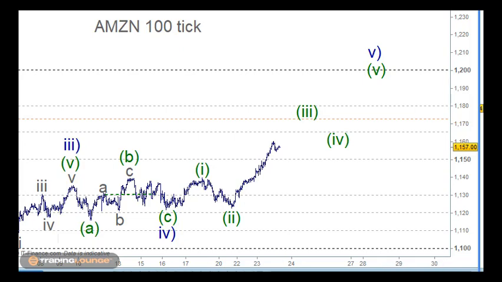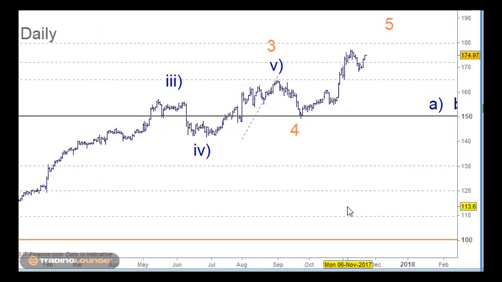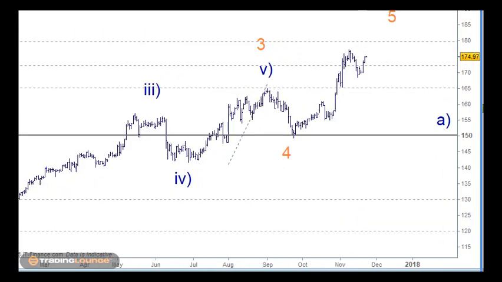Normally we look at Google, but I think we'll look at Apple, that's okay. I was going to look at Facebook, but you know, it's all the same. So here, a little bit different. We've got wave 1 here, wave 2 here, wave 3 here, and wave 4 here. So now we're looking here as the same as the other markets, the 1 and the 2 and the 3 and the 4 and the 5 up here.